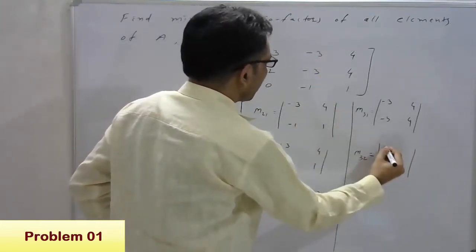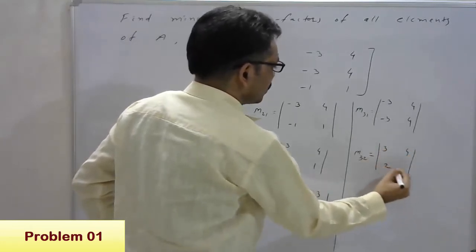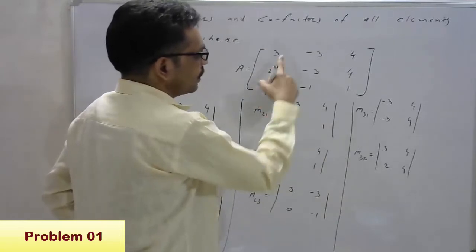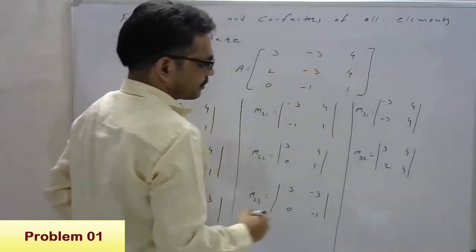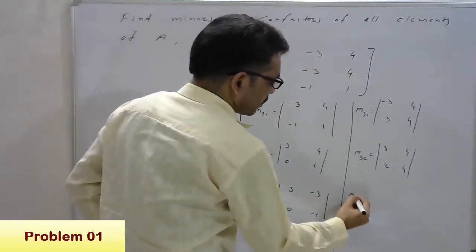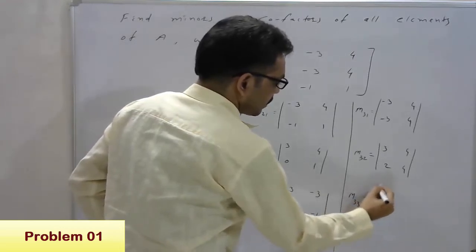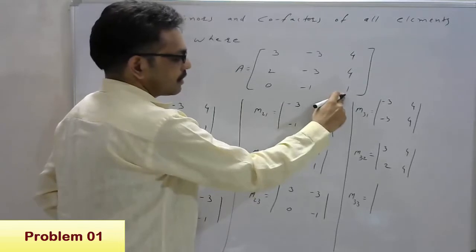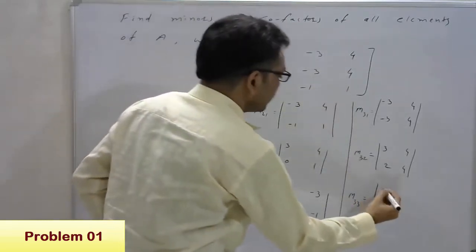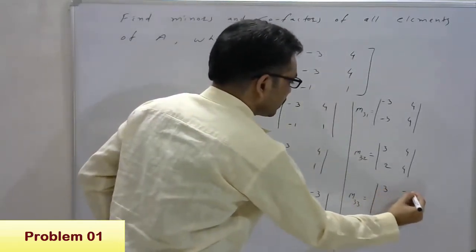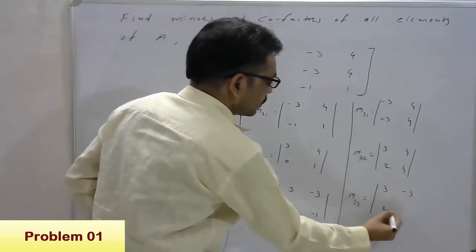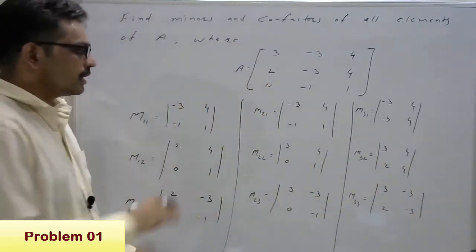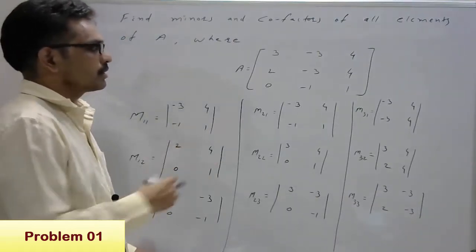Therefore, the elements are 3, 4, 2, 4. The minor M33 is obtained by deleting the third row, third column. Therefore, the determinant is 3, -3, 2, -3. These are the minors.